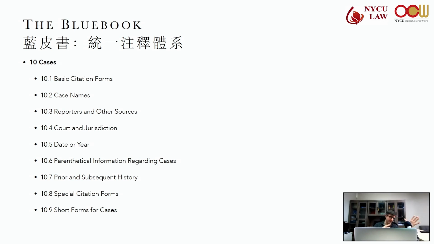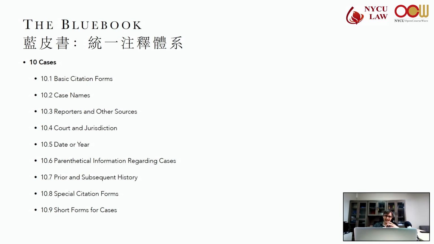So what does that mean? For different opinions, when an id refers to the same case and to the same opinion, then no parenthetical is necessary, right? But if it refers to a different opinion, then you have to indicate that in a parenthetical.